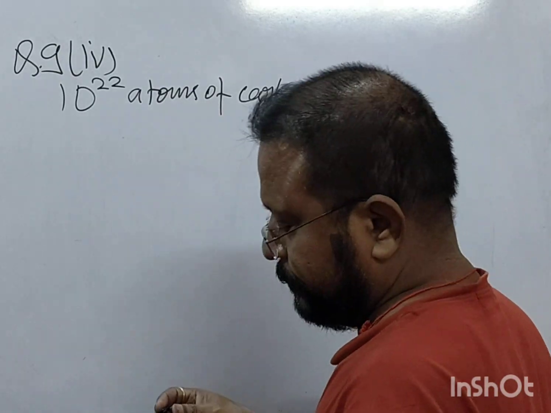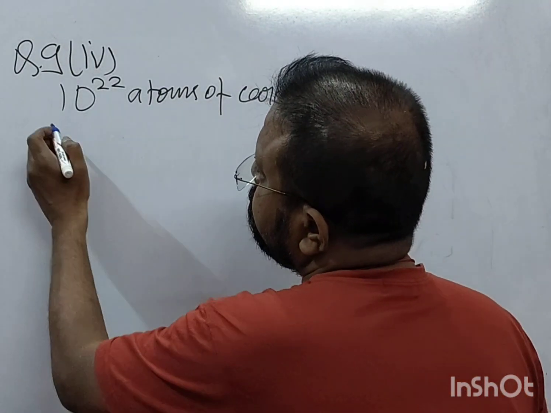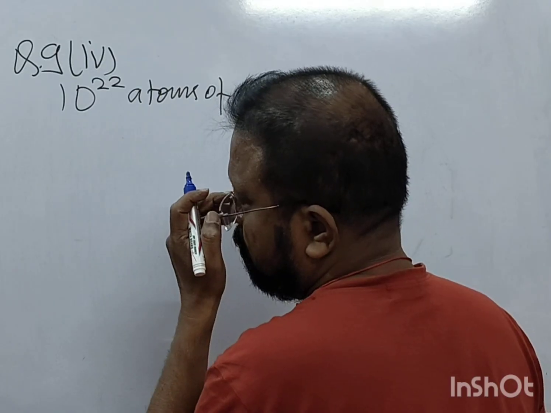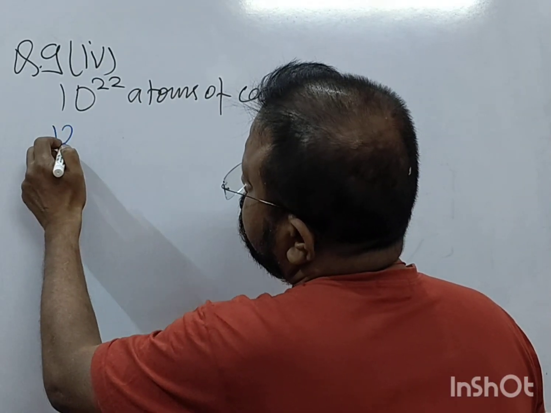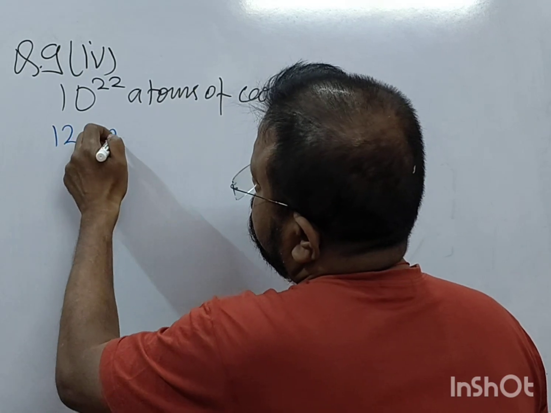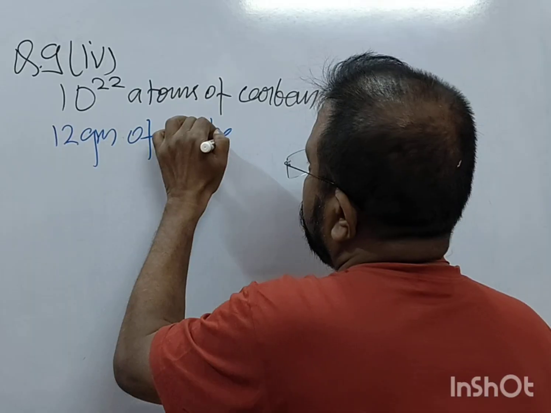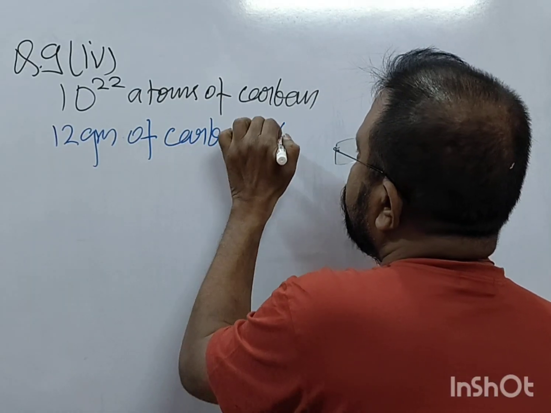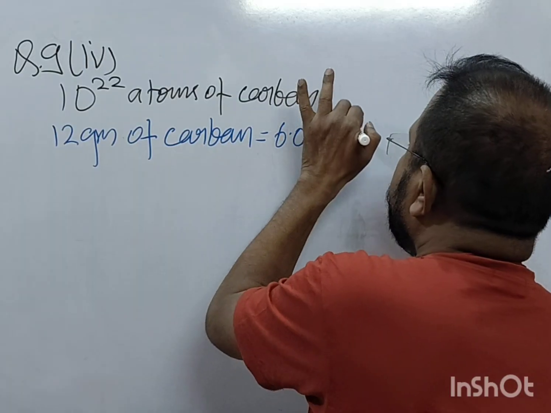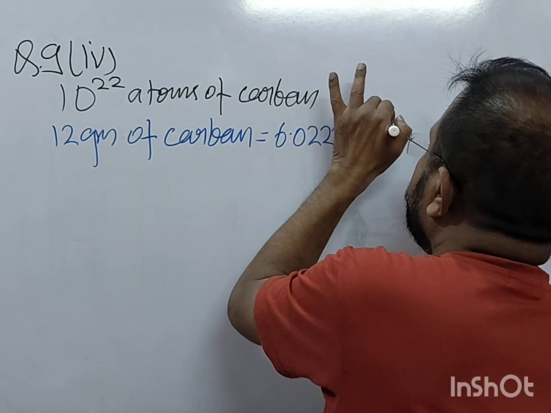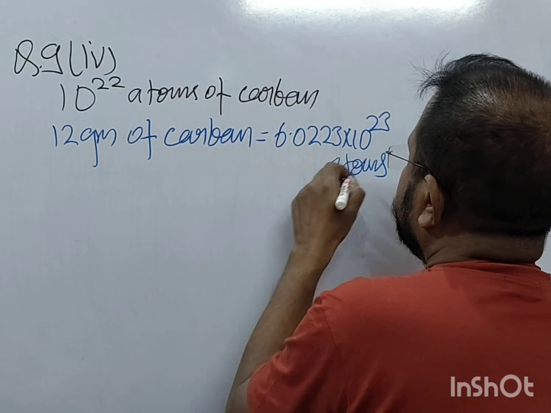So as you know, 12 gram of carbon is equal to 6.0223 into 10 raised to the power 23 atoms, right?